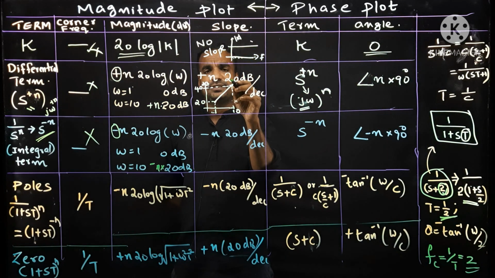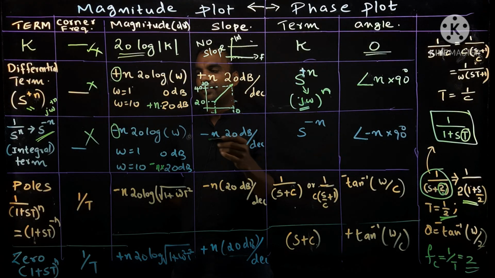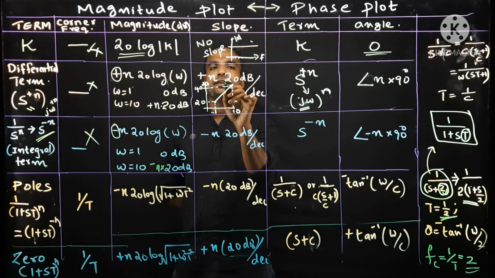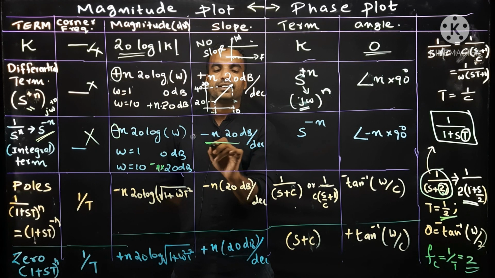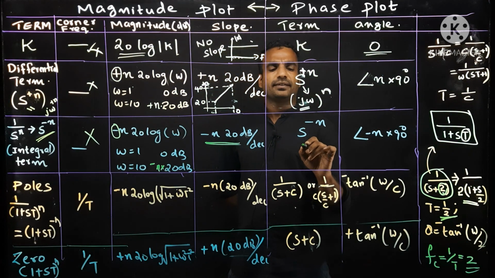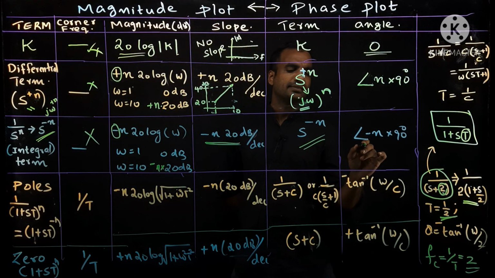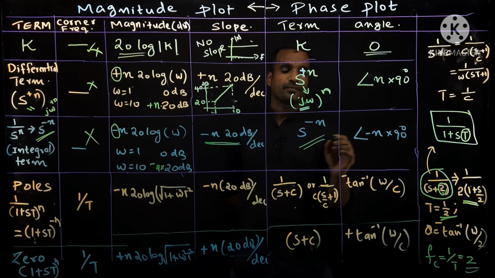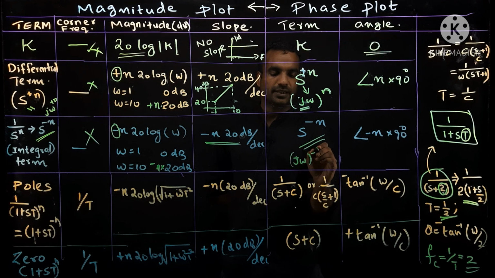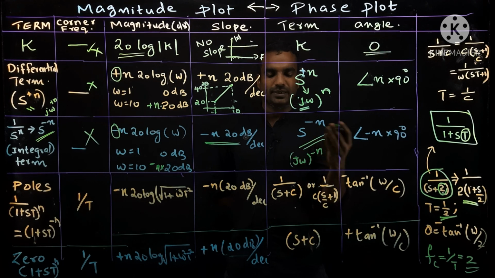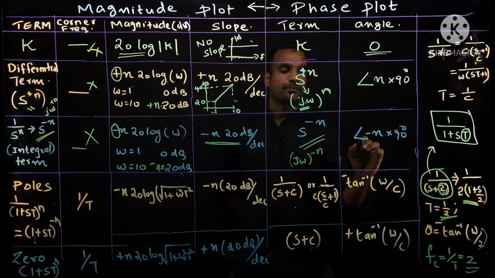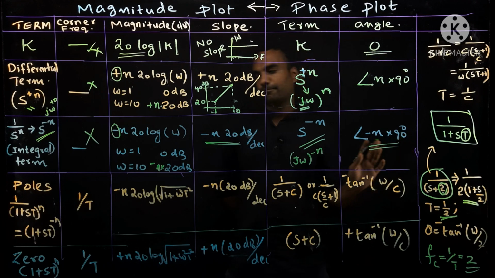In the previous case it is positive slope, here it will be negative slope because integration is in the denominator. So if it is plus n into 20 dB, it will become minus n into 20 dB per decade. Similarly, for s raised to minus 1, its angle, as it is in the denominator, we can put j omega raised to minus n, or minus 1, minus 2, minus 3, like that. This j inverse we have to take as negative angle, minus n into 90 degree.